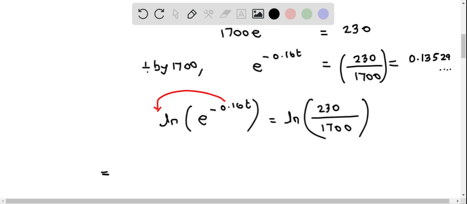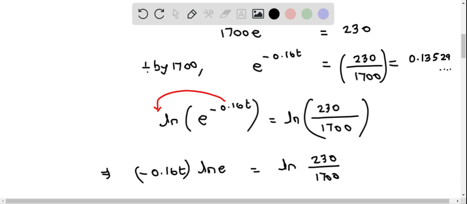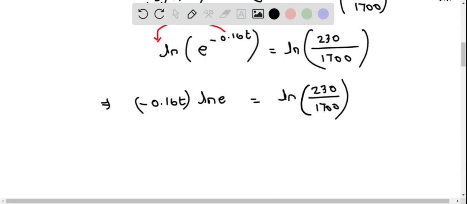So this becomes negative 0.16 t multiplied with the natural logarithm of e, and this is equal to natural logarithm of 230 over 1700. Now we have to simplify this. We know the natural logarithm of e equals 1, so this quantity becomes 1.